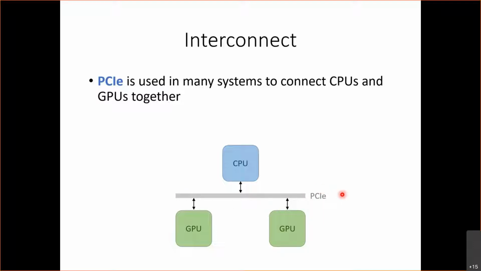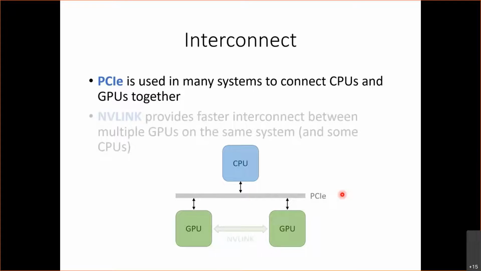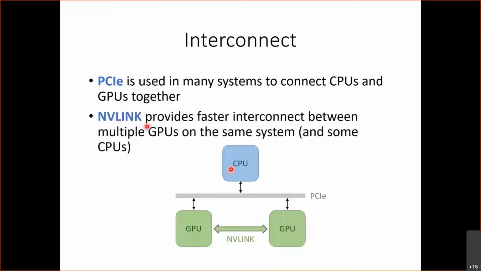But there are also other kinds of interconnect, like NVLink, for example. NVLink actually provides a faster interconnect, and we can use it to connect multiple GPUs together, or we can even use it to connect a GPU to some kinds of CPUs that support the NVLink interconnect. PCIe is very widely supported, so most CPUs and most GPUs support PCIe.